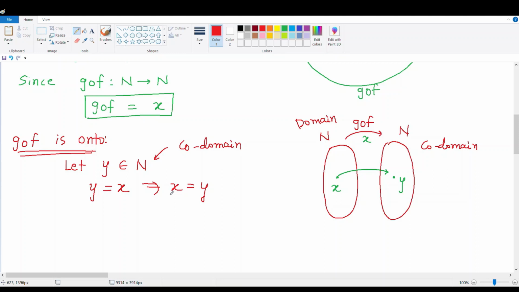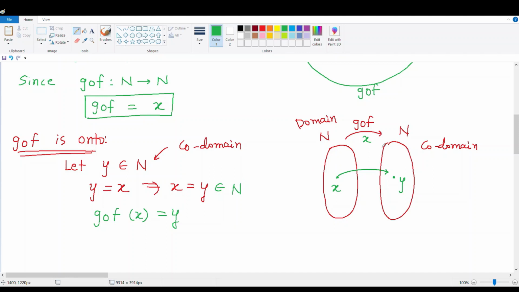So x is going to be a natural number, and yes, our domain is also the natural number set. So of course this is going to belong to the domain n. And if this is going to belong to our domain, that means our g of f of x is equal to y, right?